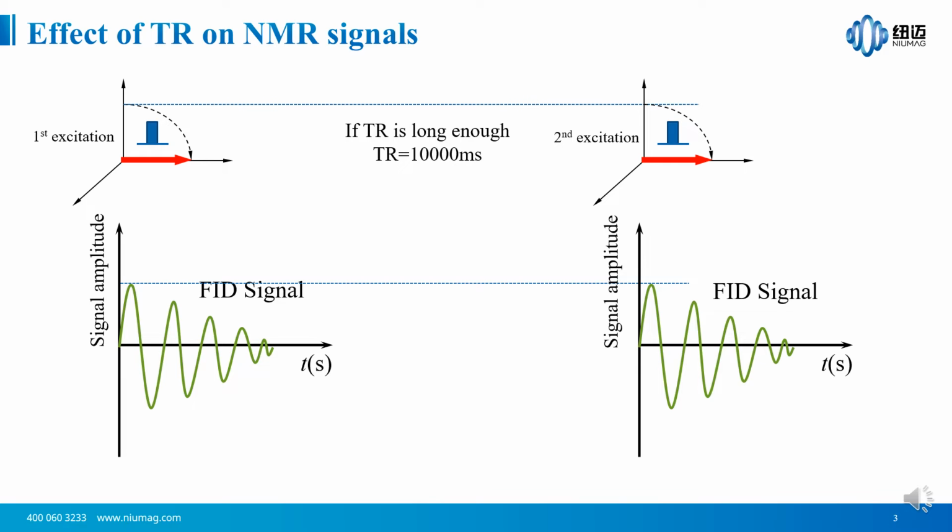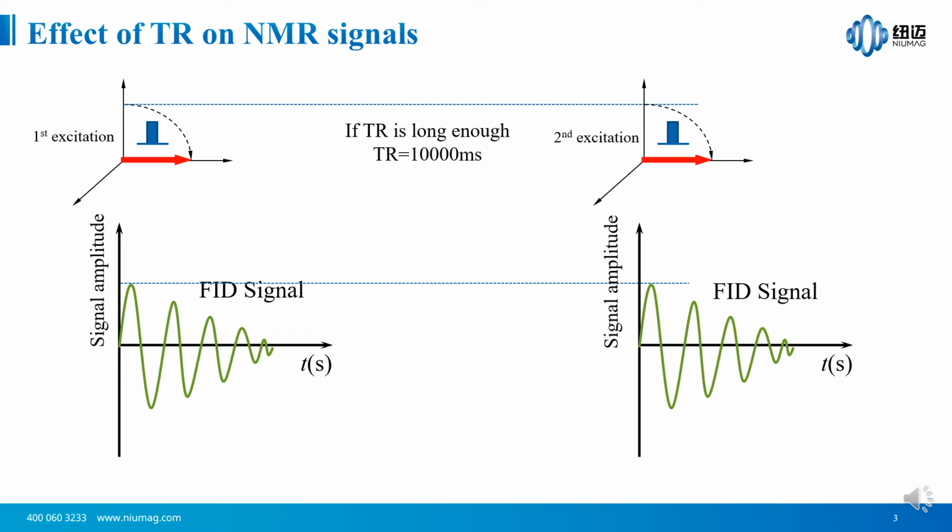If the TR time is long enough, say TR equals 10 seconds, by this time the longitudinal magnetization vector has recovered from 0 to its initial state, at which point Mz equals M0. The longitudinal magnetization vector is the same size at this time as it was before the first pulse was applied.